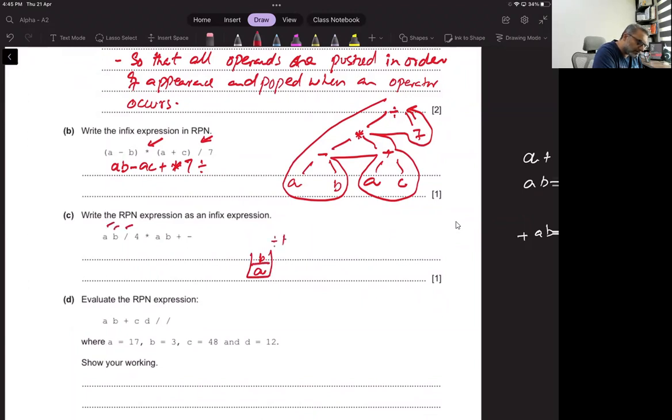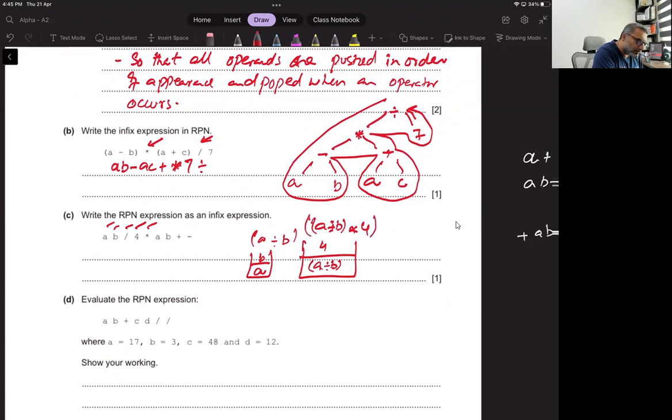So this becomes a divided by b, then it is pushed. Then we have 4 and star. 4 and star goes on the top. Then we pop 4 and put on the right, and a divided by b on the left.